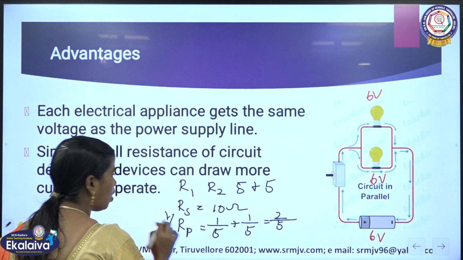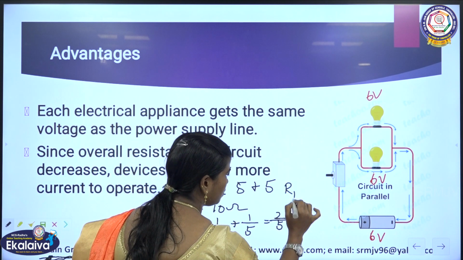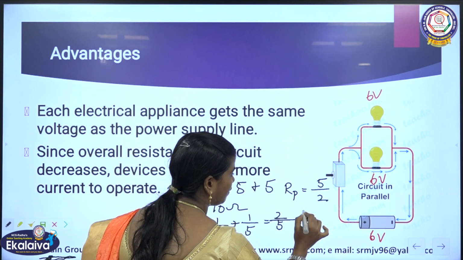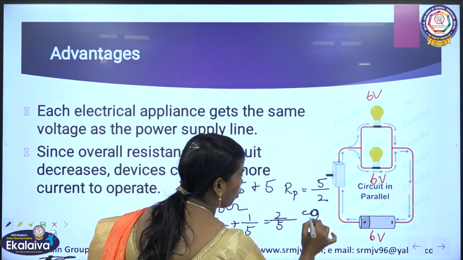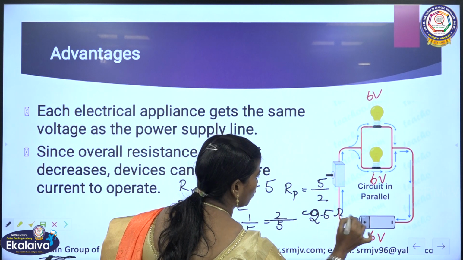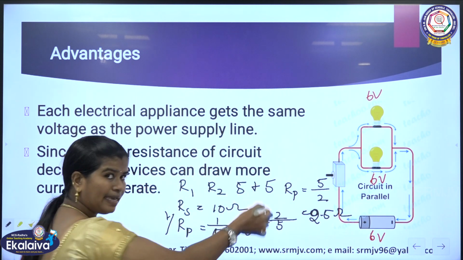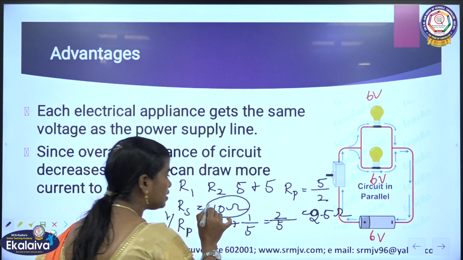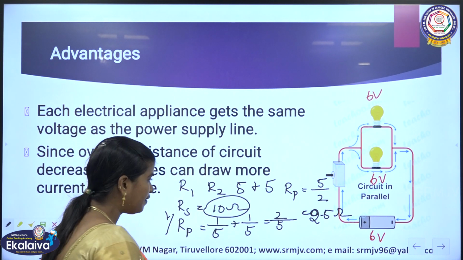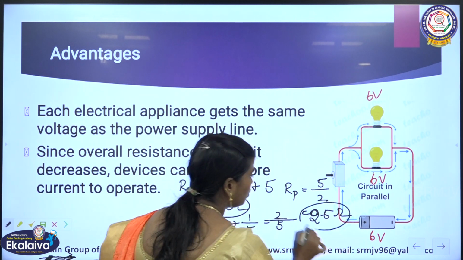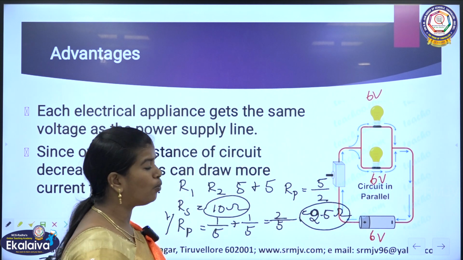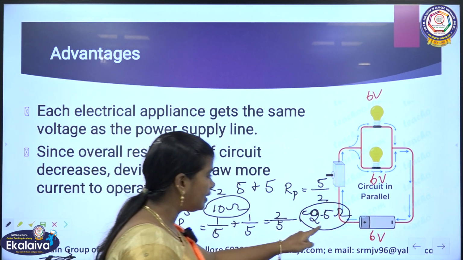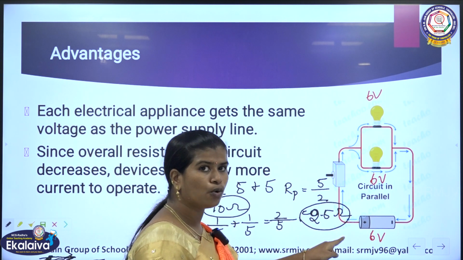So Rp will become, you need to reciprocate it, 5 by 2, which is 2.5 ohm. The same resistors, when connected in series, have a total resistance of 10 ohm. When connected in parallel, the total resistance is 2.5 ohm. So here more resistance allows very less current, and here very less resistance allows more current.